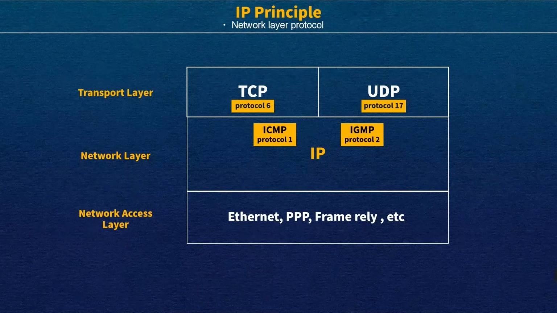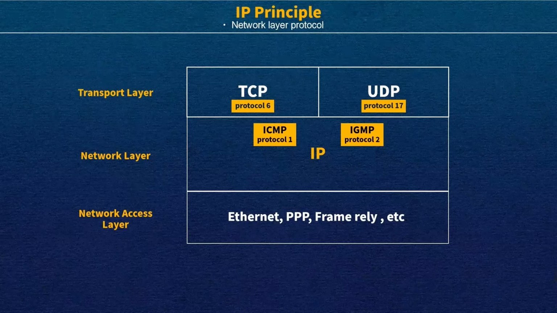And IGMP is used for the multicast protocol. About this protocol, you only need to know it is used in multicast, because in the RCNA we don't talk about the multicast protocol, and the protocol number is 2.